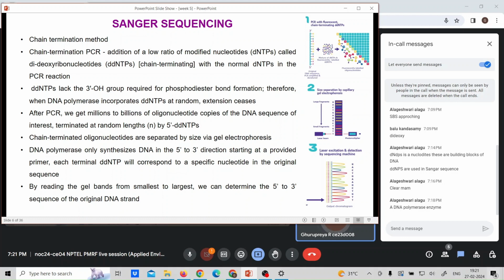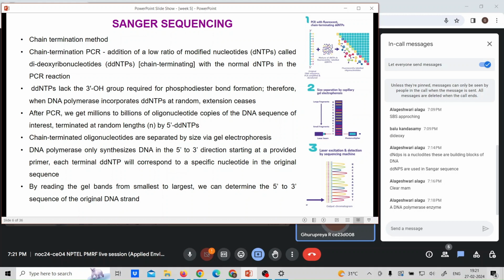dideoxyribonucleotides. As I told you, there is a structural difference between dNTPs and ddNTPs, which allows dNTPs to continue nucleotide addition, whereas in ddNTPs it is terminated at that point itself. Okay, so these ddNTPs lack the 3' hydroxyl, third position hydroxyl group required for the phosphodiester bond formation.